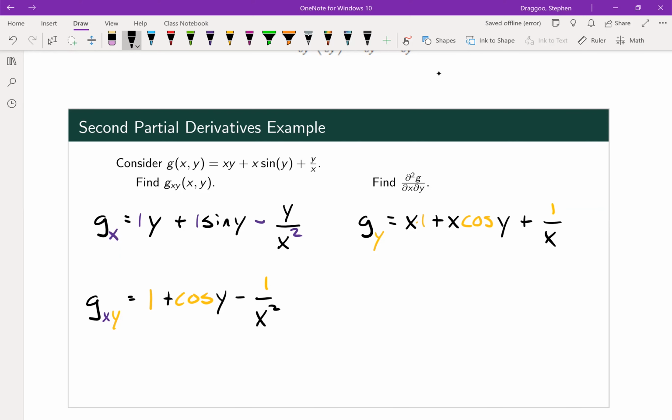And then look at the other mixed second order partial derivative, g sub yx, so g partial y partial x. The derivative of x is 1, plus x times cosine y is just 1 times cosine y, plus the derivative of 1 over x, which is just x to the negative 1. So this will be minus 1 over x squared.